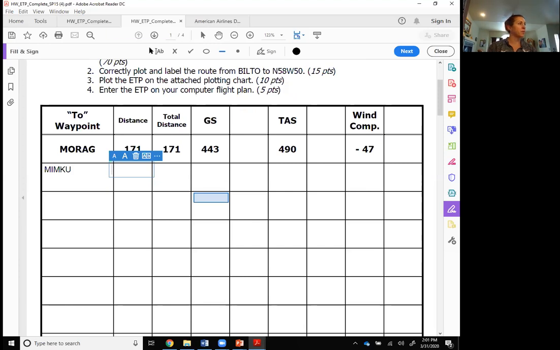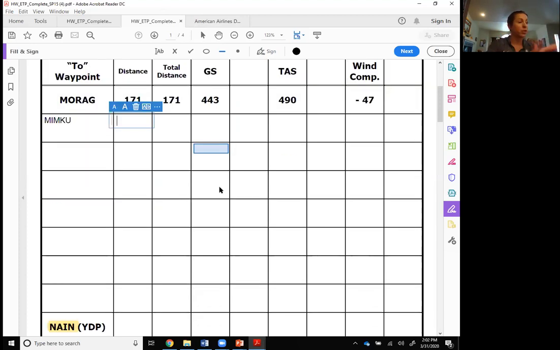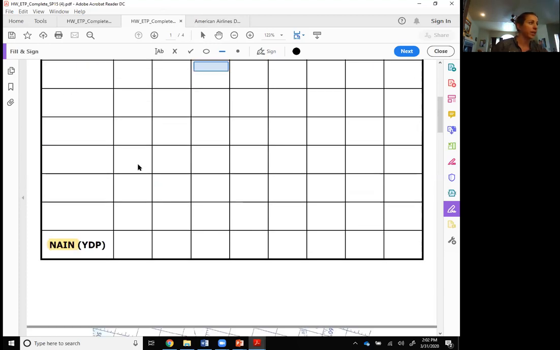I didn't realize that this was even an editable worksheet, but apparently it is. So how did I do that? Fill and sign? I told you to press the button, the pen button. The pen button is how you fill this in. Or as an alternative, get it printed out somewhere and just freehand it in.